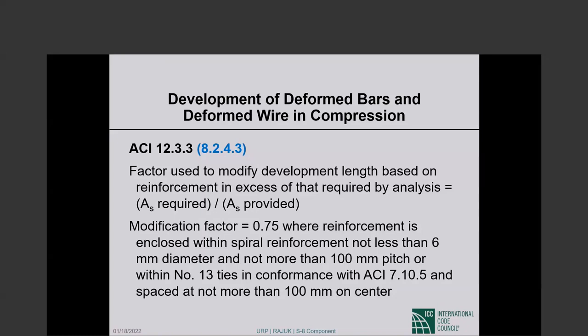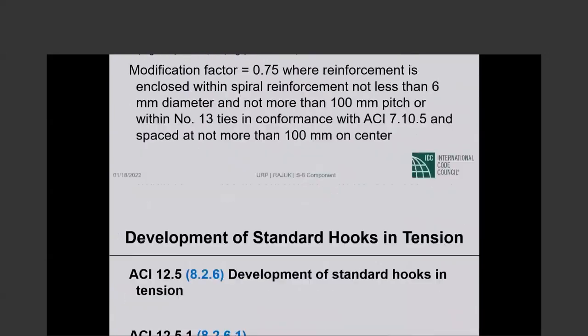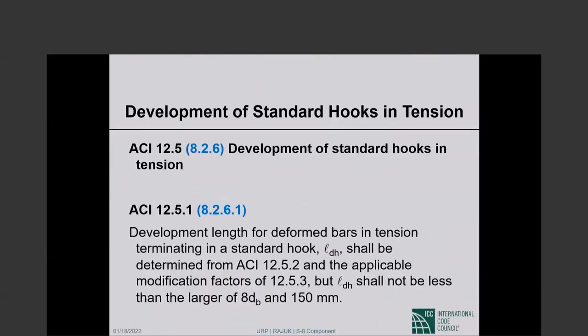So number 13 or larger diameter bars, ties rather, at no more than 100 millimeters on center. So if you have confinement of one kind or another, you have a modification factor of 0.75, and your required compression development length goes down. Okay. So required development length in tension, required development length in compression.